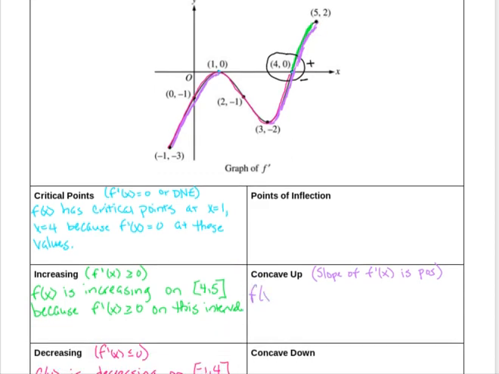That means then that f of x is concave up on the interval -1 to 1 union with 3 to 5 because the slope of f prime is positive on these intervals.